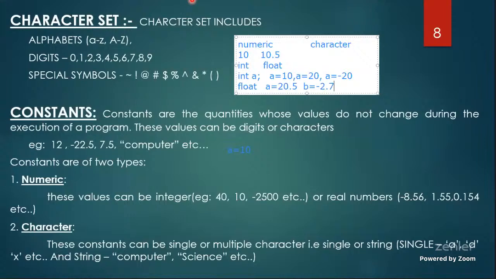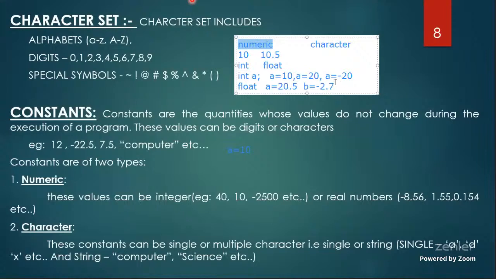Got it? This is all about the numeric type. Numeric has two types, integer and float. Integer means you'll be storing a whole number. Float means you'll be storing a number with a decimal fraction.